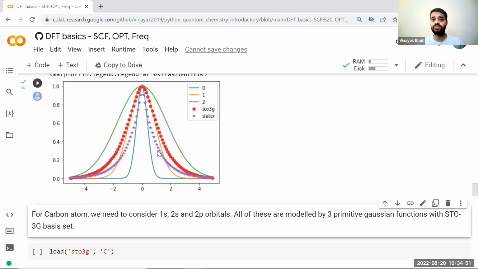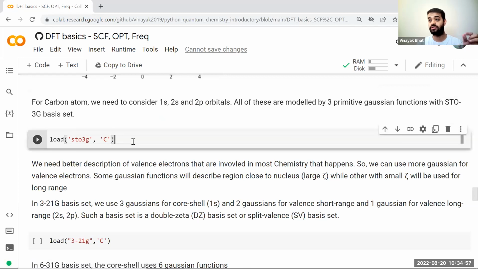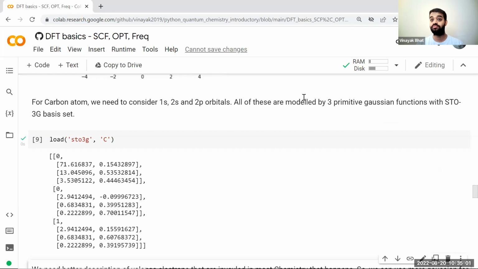Okay. Let's move on to the next stuff. If we do this for a carbon atom, we'll see what are the Gaussians that we need. STO-3G basis set again. Okay, we have Slater type orbitals represented by 3 Gaussians, and in this we have 1s, 2s, and 2p electrons.